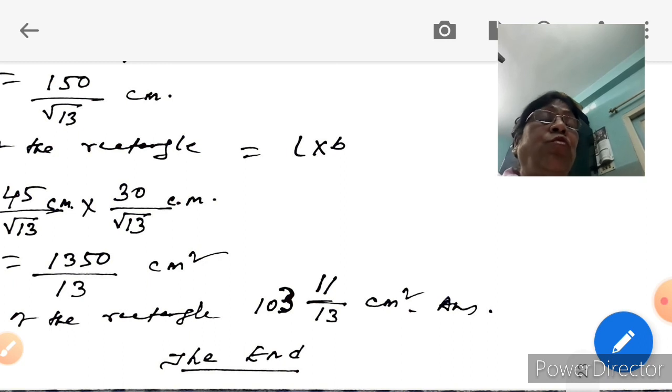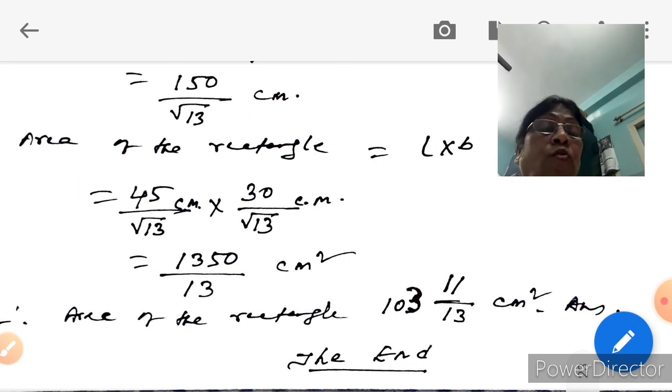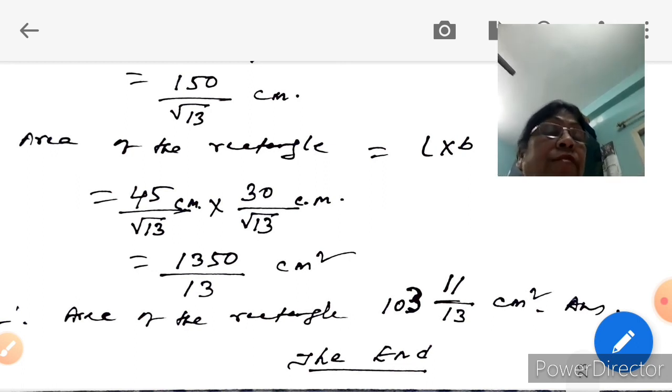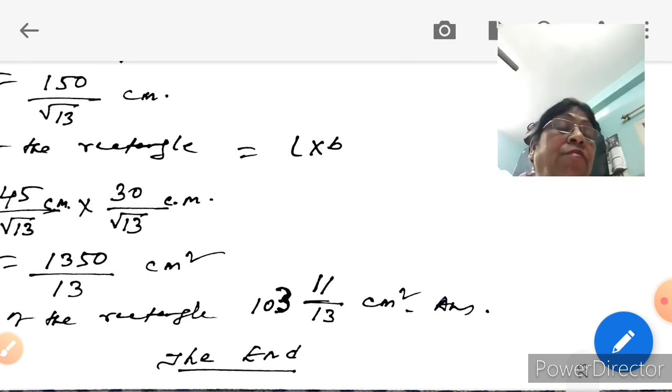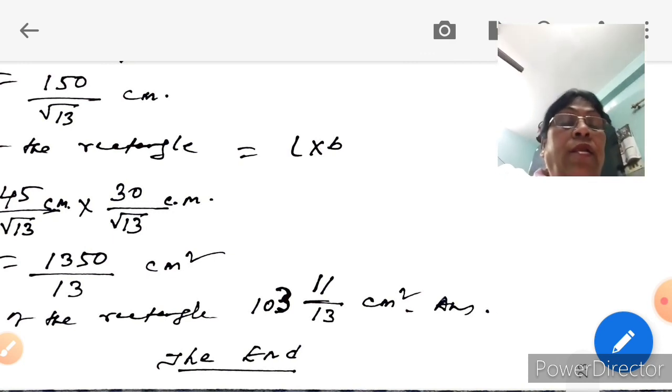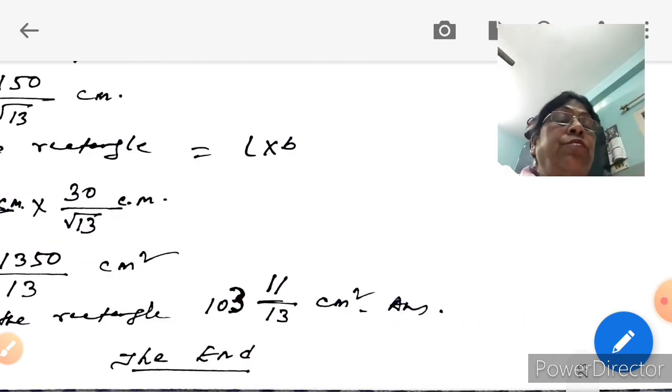Putting the value of length 45 by root over 13 centimeter into 30 by root 13 centimeter breadth, we got 1350 by 13 cm square. Just divide 1350 by 13, you can get 103 and 11 by 13 cm square. This is the area of the rectangle.